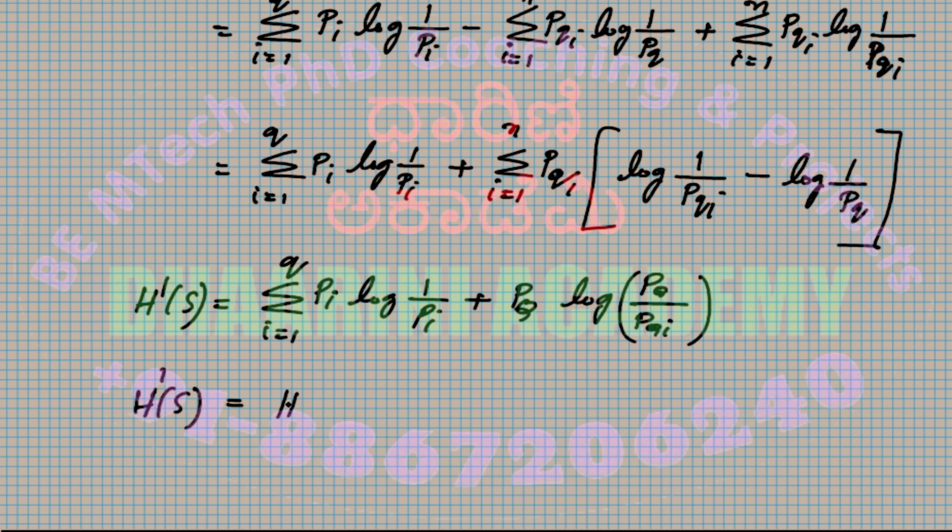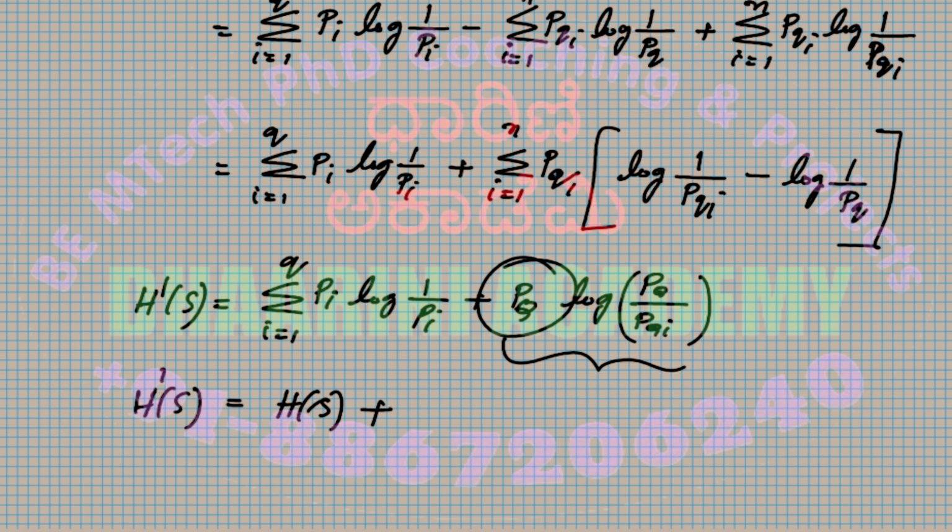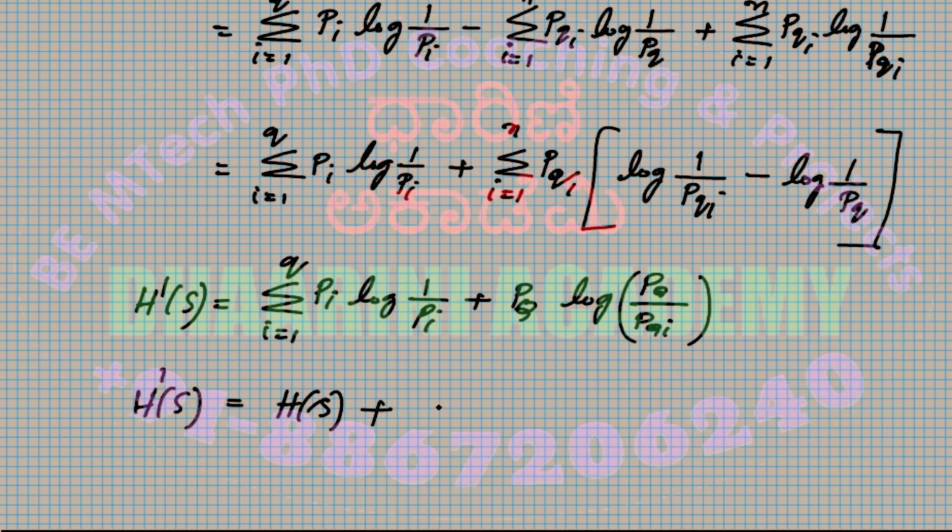So this is simply H of S, plus, you see, I'm getting some positive constant. Why is it positive? Because log of anything can always be positive, and PQ is a probability, so that also has to be positive. So I can write a positive quantity, maybe I'll write a K here. So this K is some positive quantity.